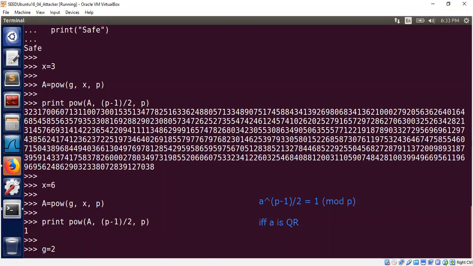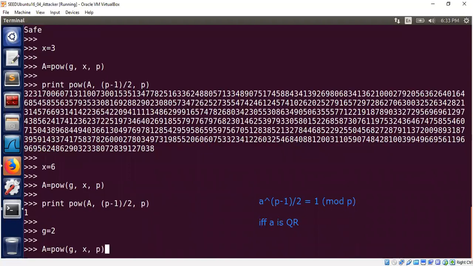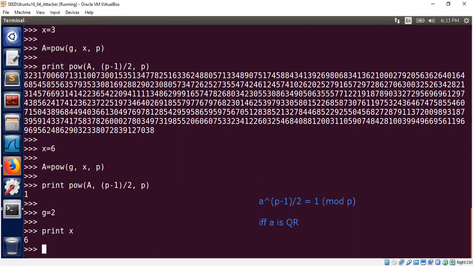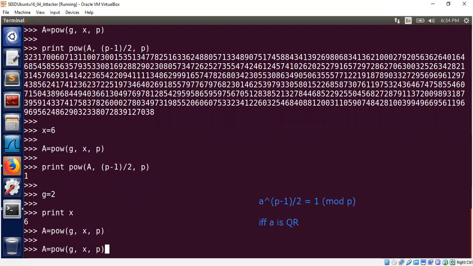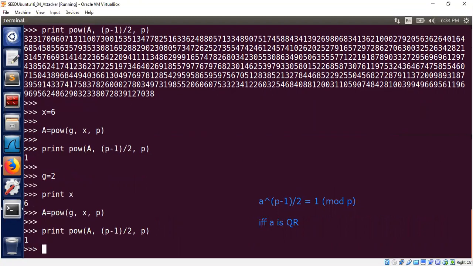So let me reset my G to be 2, right? And let's compute the case where, what is my current x? Current x is 6. So let's confirm that we can hide this fact that x is even or odd. Okay, how do we do that? We have to compute the public key, and we print the Euler's criterion, which comes out to be 1.